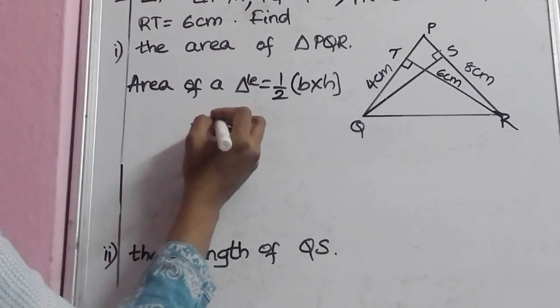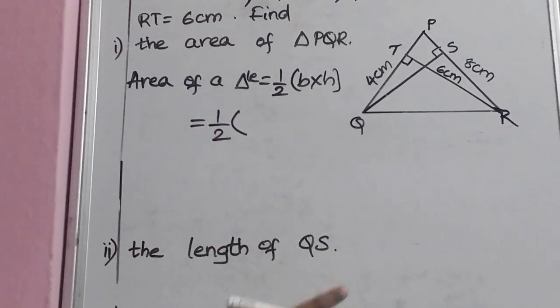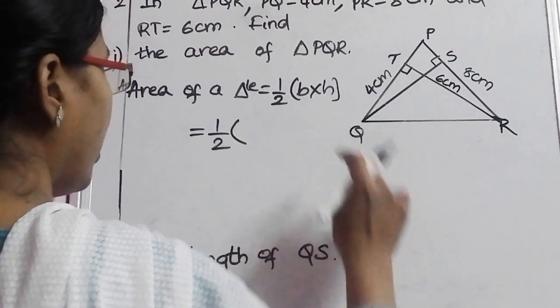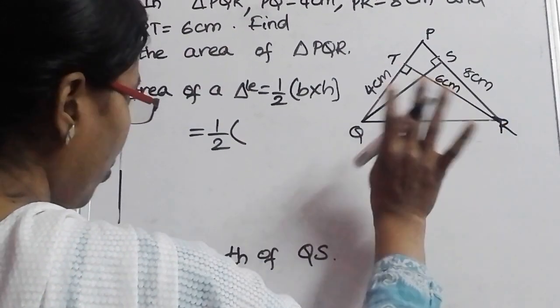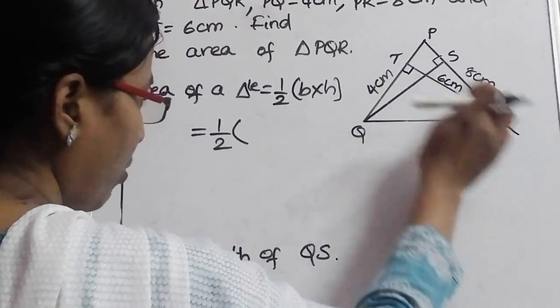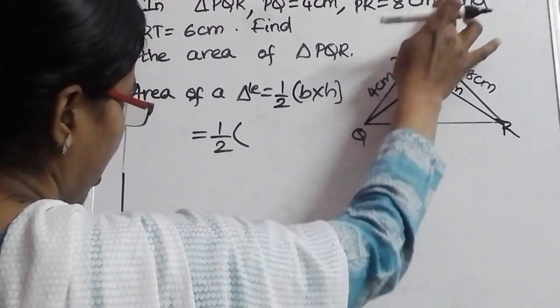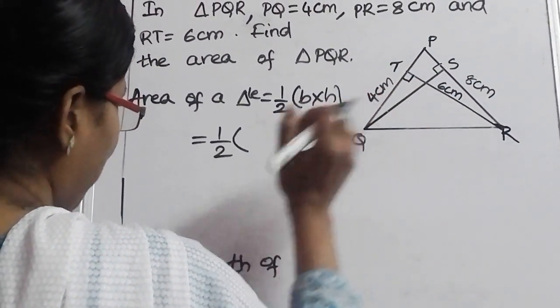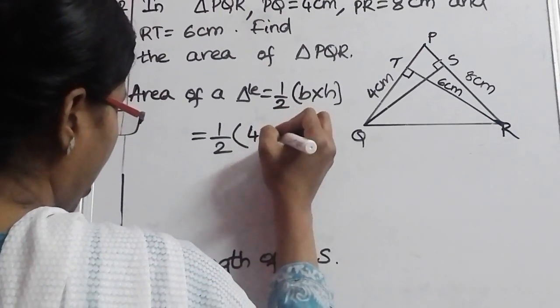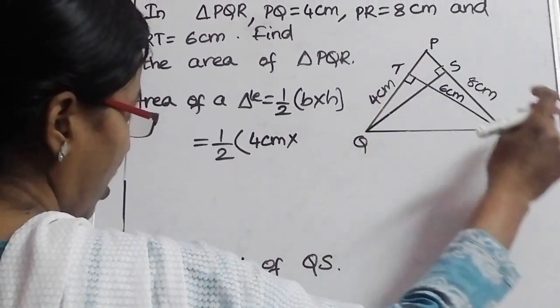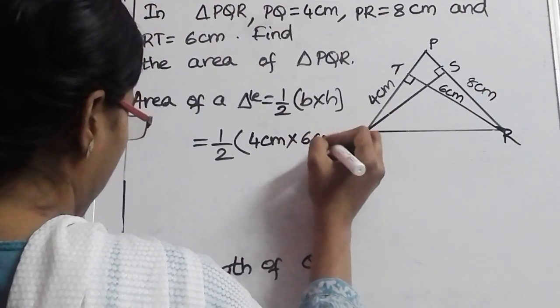What is the base here for this triangle? Here QS value you don't know. You only know the value of RT. So for this one, the base is PQ. So it is 4 centimeters into RT is 6 centimeters.